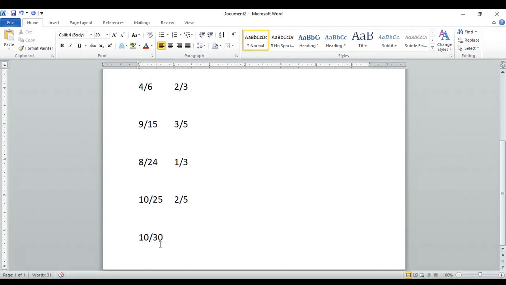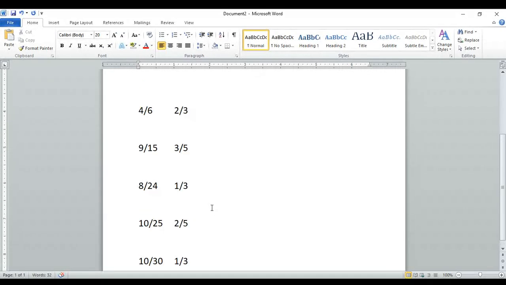And our last problem we're going to work with is 10/30ths. What is the greatest number that will go into both 10 and 30? And did you say 10? Because if you did, you are correct. 10 divided by 10 is 1. 30 divided by 10 is 3.